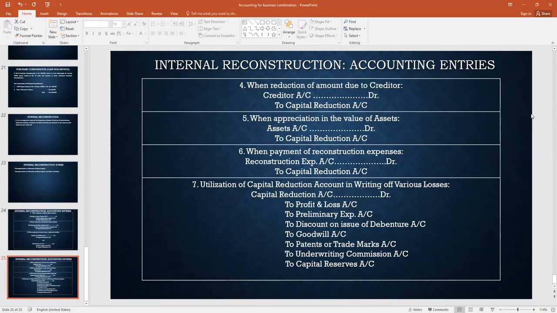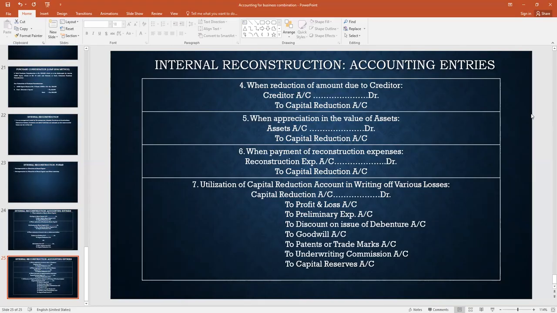Suppose at the same time the value of an asset appreciates. In that case, what will be the journal entry? The journal entry will be asset account debit to capital reduction account. Here the asset price increases, and when the asset price increases, the asset always carries a debit balance. So asset account debit to capital reduction account.